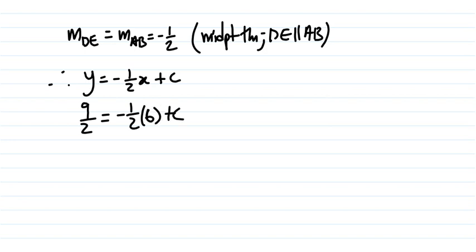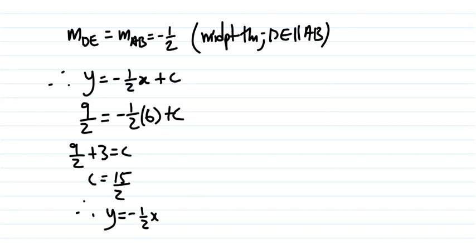This is calculator work. 9 over 2 plus a 3. So you got what? 15 over 2. So c is 15 over 2. Therefore, the equation is negative half x plus 15 over 2. Happy with that? Okay, fantastic.